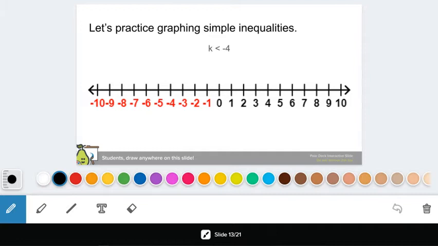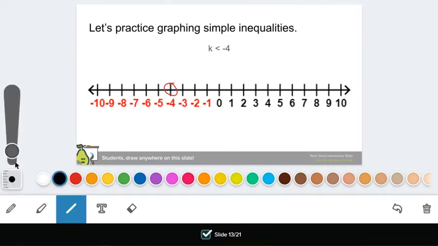I am going to model a couple for you. In this case, I'm saying that k is any number that is less than negative 4. My first step is to find negative 4 in my number line, which is right here, and I'm going to draw a circle here. This circle will be empty because there is no equal sign underneath, and I'm going to now trace an arrow that says that k is less than negative 4, and the numbers that are less than negative 4 are going to the left.